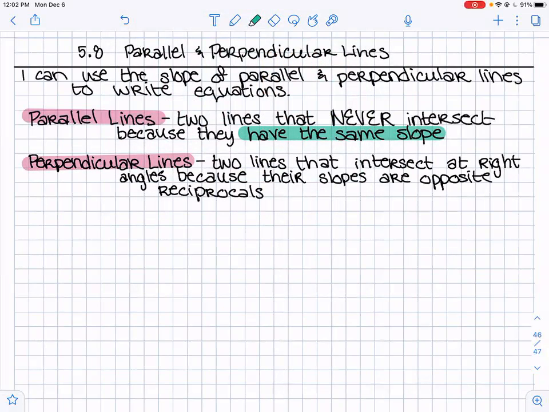And what's it mean if it's a reciprocal? What's reciprocal mean, guys? Think about a fraction. What's the reciprocal? You flip it, right?